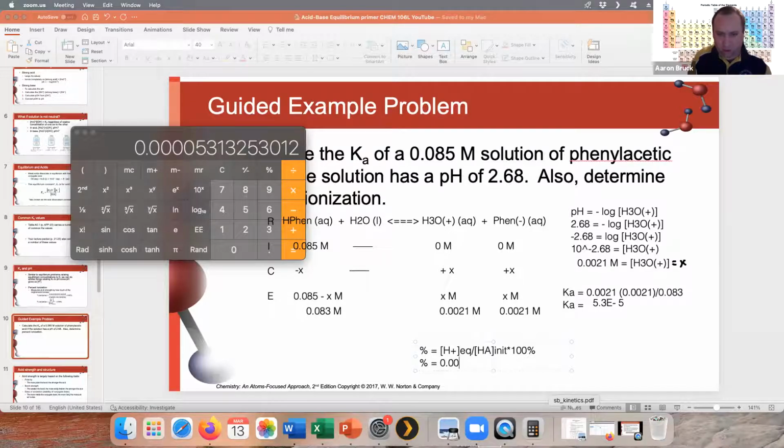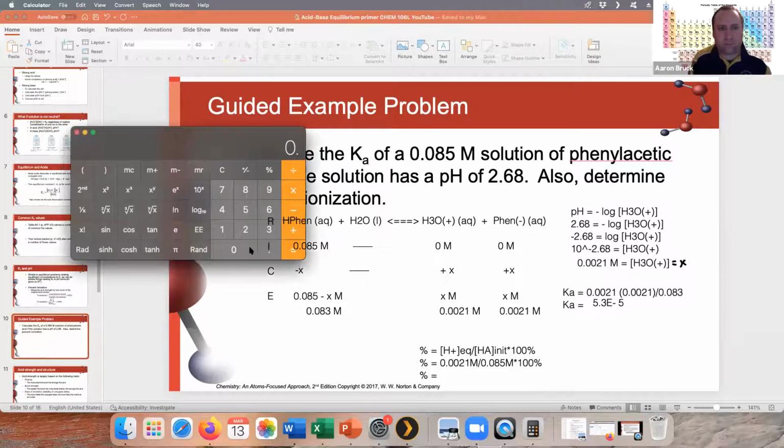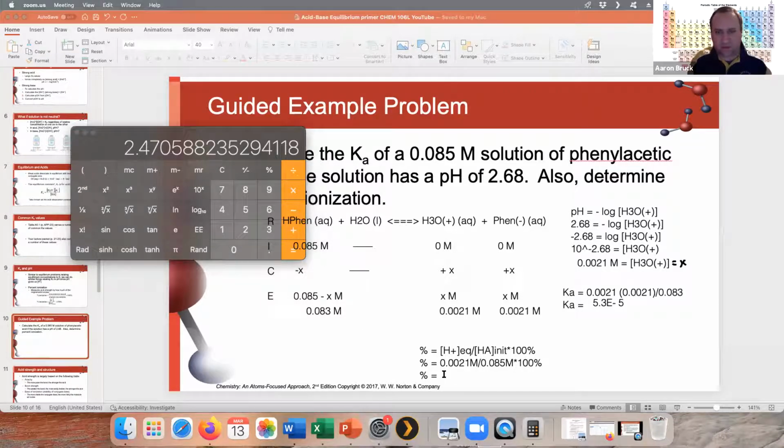So we've got 0.0021 molar here divided by 0.085 molar here times 100%. 0.0021 divided by 0.085 multiplied by 100, 2.5 to the correct number of significant figures, 2.5% ionized.